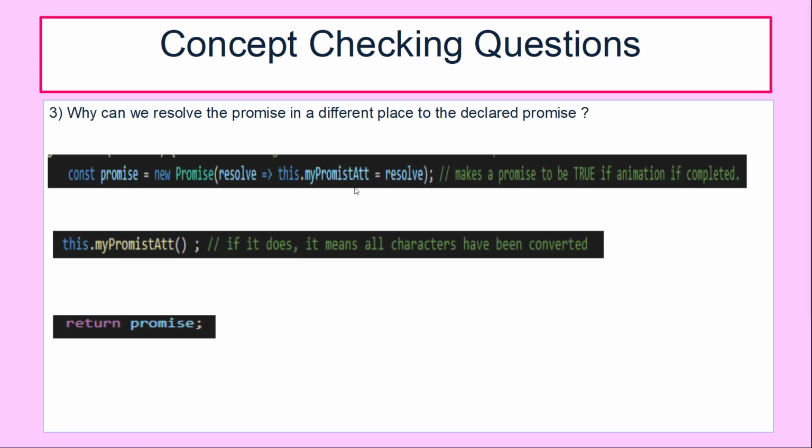And within that section of creating and returning that promise, we must declare whether it's been a success or a failure. So we need to make sure that it's declared within that section.